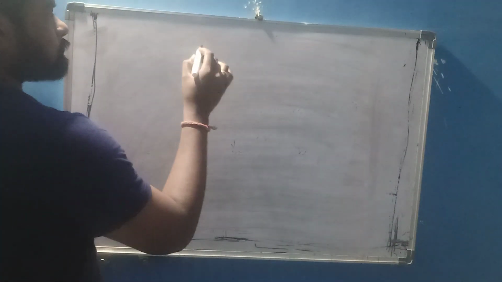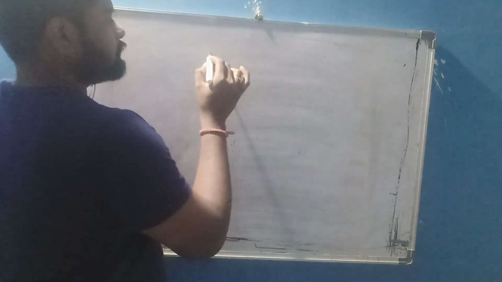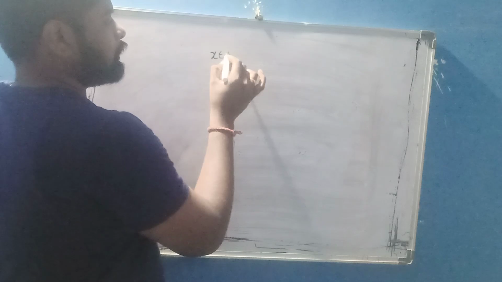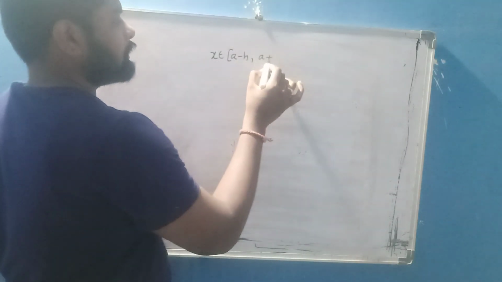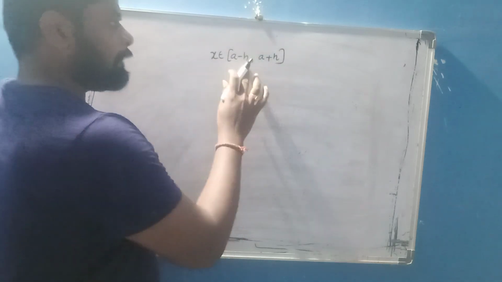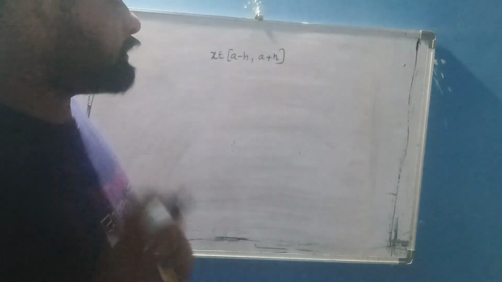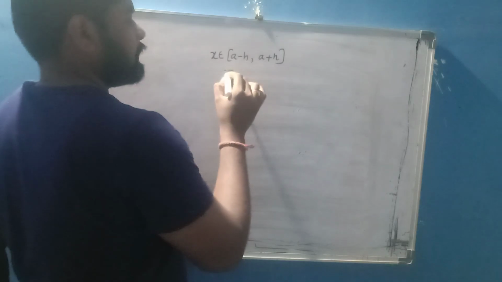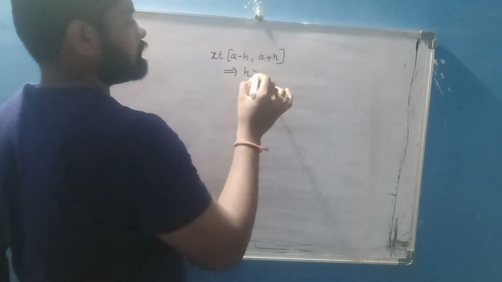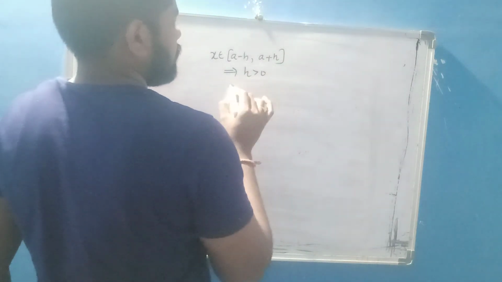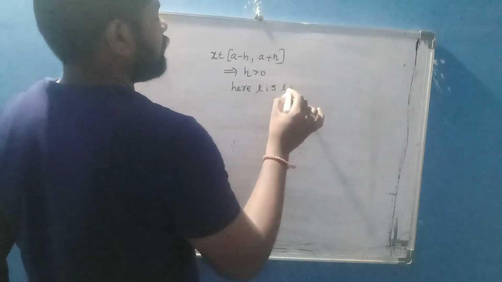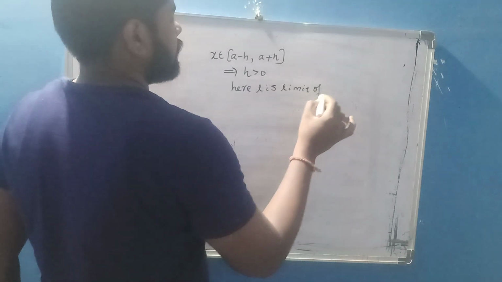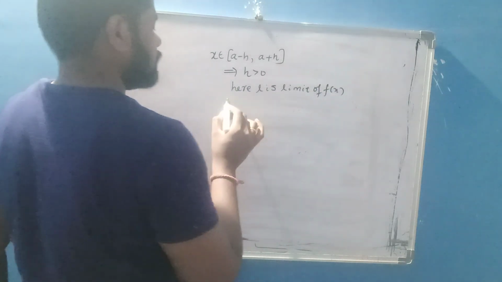Neighborhood of the given value means x, I am taking some value, that is x belongs to (a minus h, a plus h). a minus h and a plus h are neighborhood points of x. Here h is greater than 0. Here L is the limit of f of x.